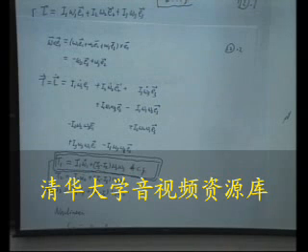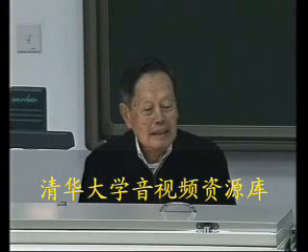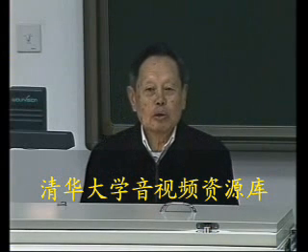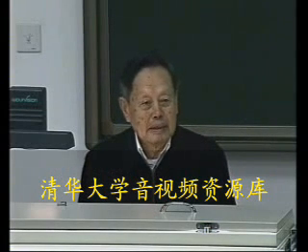Weierstrass was 35 years older than Kovalevsky. And she became his student. Weierstrass at that time was the most important mathematician in Europe.